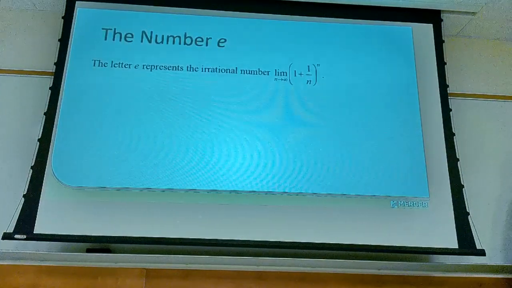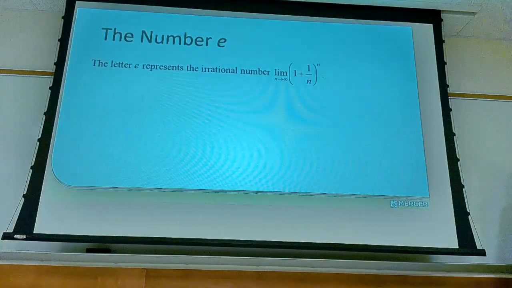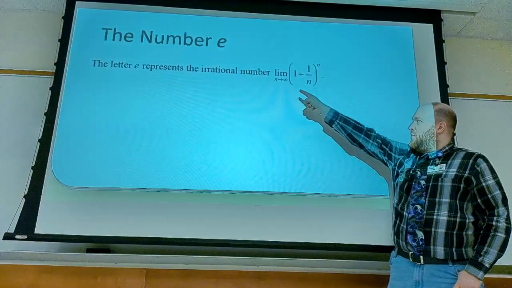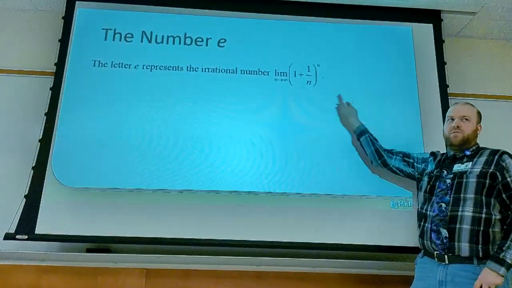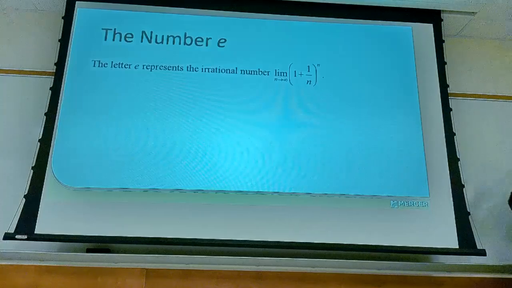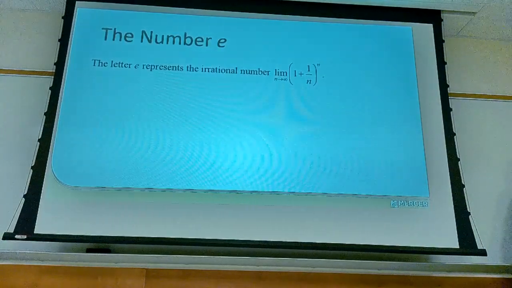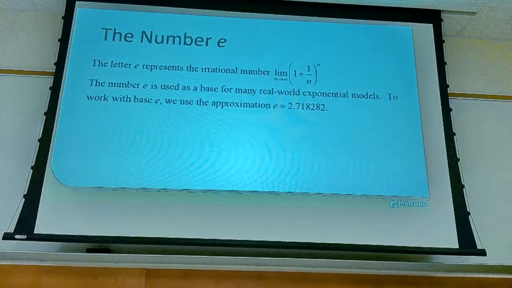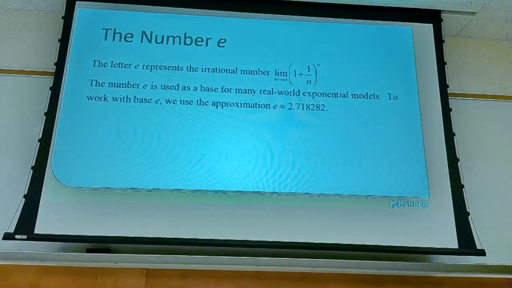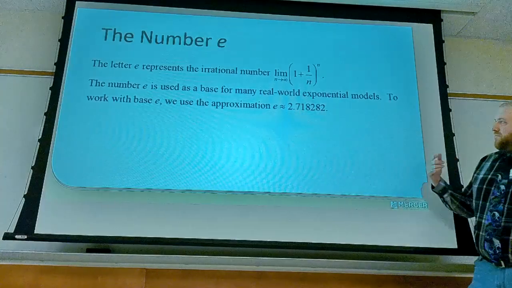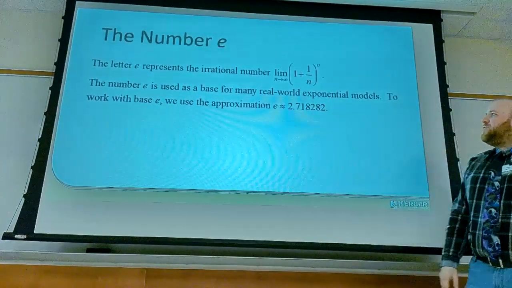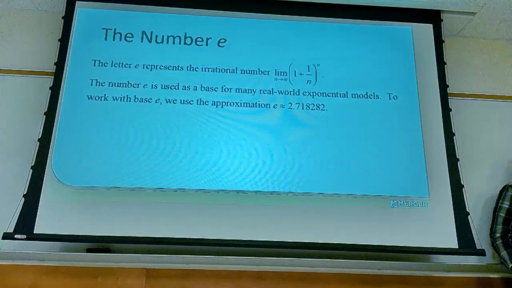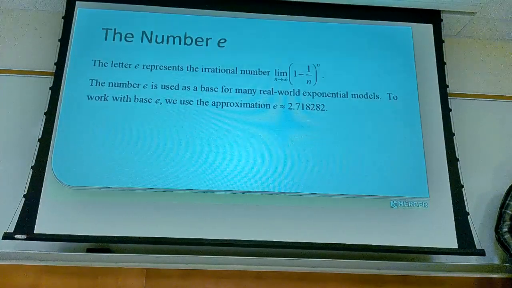Or if you look at its sequences, which again is Calc 2, the sequence of all these values will converge to E as you let n increase to infinity. But that's the actual definition of E. It's approximately 2.718282, and then it just goes on, and like I said, it's non-repeating and non-terminating.